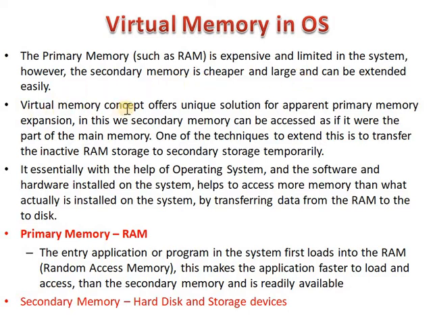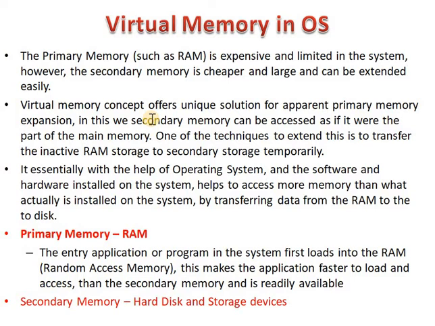The virtual memory concept offers a unique solution for apparent primary memory expansion. In this way, secondary memory can be accessed as if it were part of the main memory. The virtual memory concept offers a solution to the primary memory for its limited data storage. How is this possible?